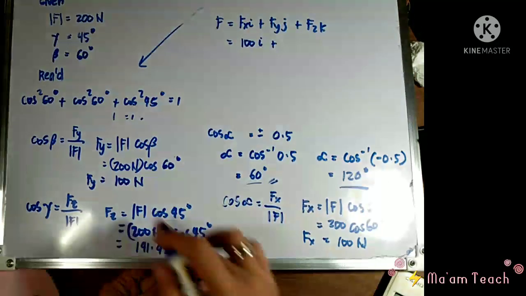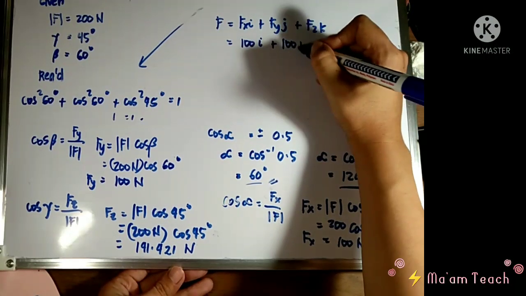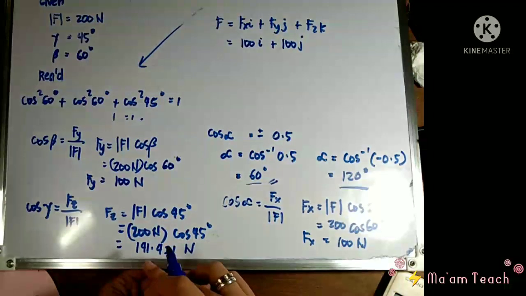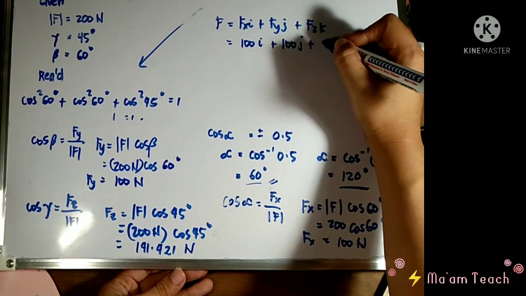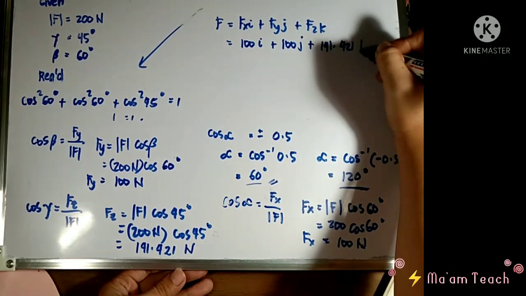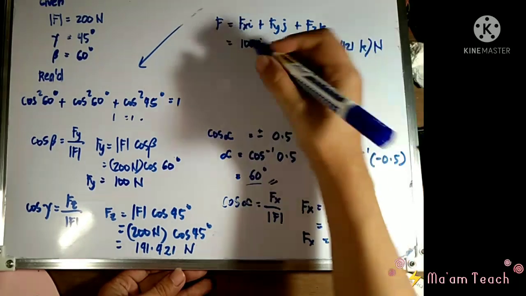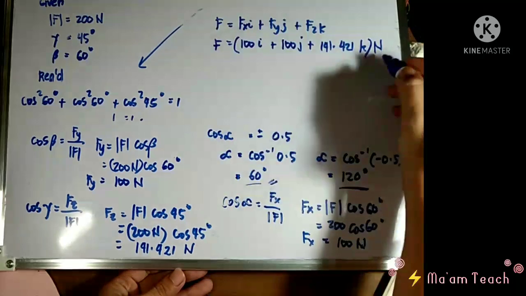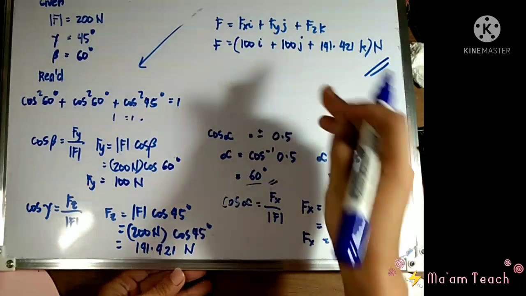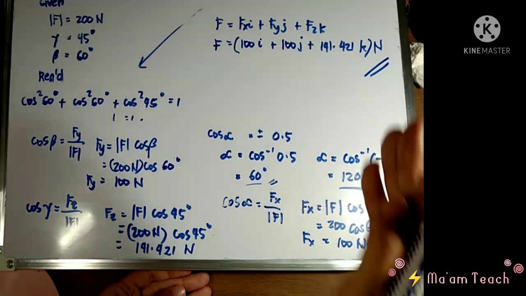Your Fy is still positive, so plus 100, and then copy the j. Your z component is positive also, so just copy 141.421 and copy the k. And don't forget the unit. So class, this is already our force expressed in Cartesian vector notation.